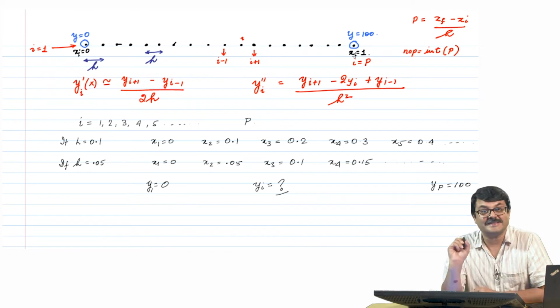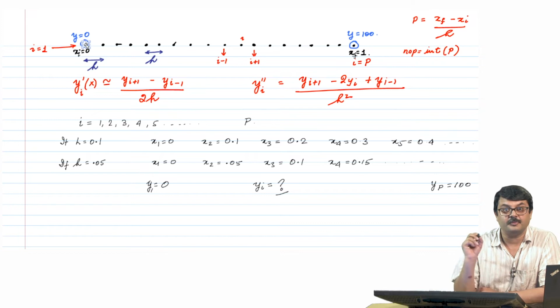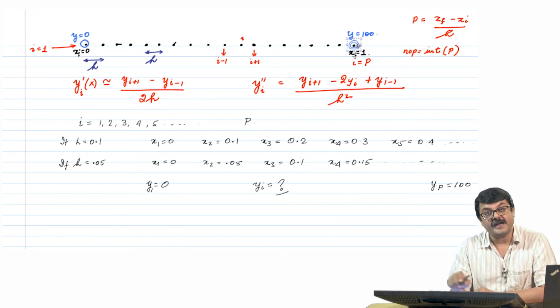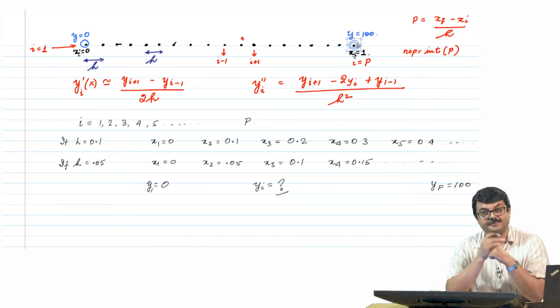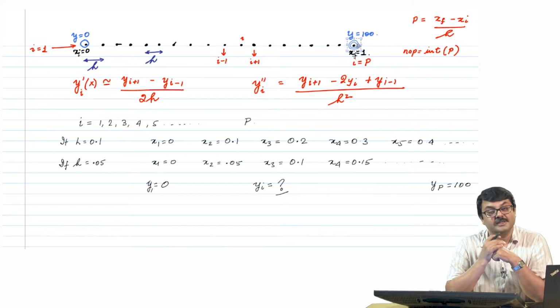What we do is discretize the space. So, suppose this is x equal to 0, and this is x equal to 1, and we divide this entire range between x equal to 0 and x equal to 1 into discrete points.